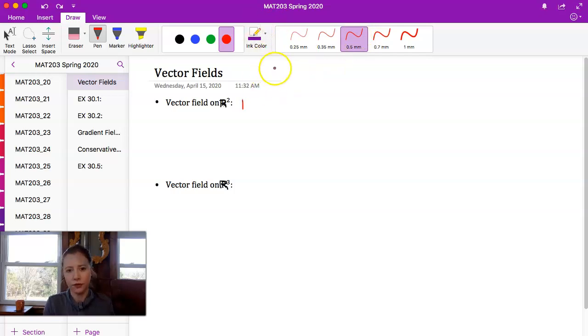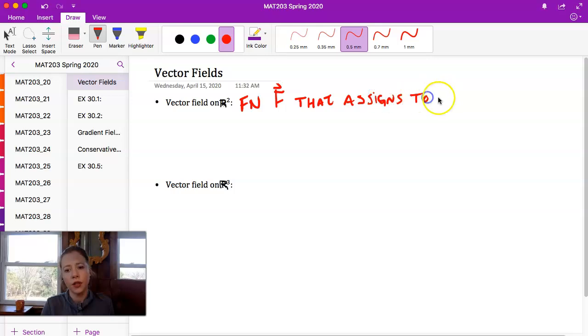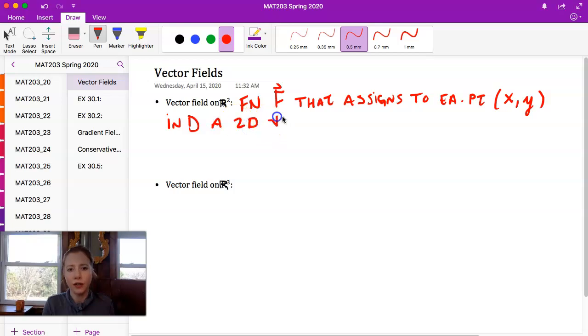So if we have a function f that assigns to each point x and y in our domain D a two-dimensional vector given by a function of x and y.